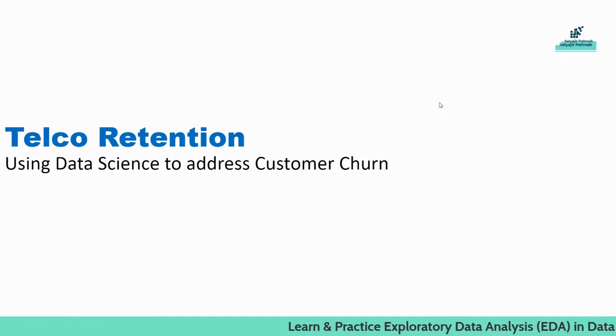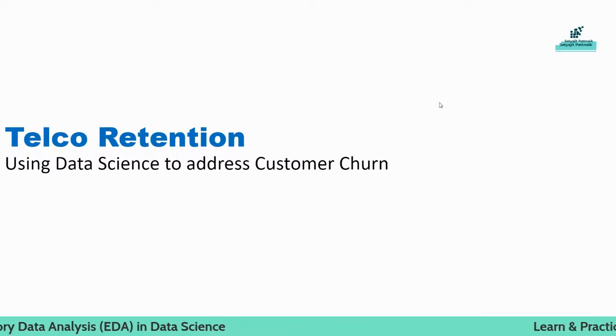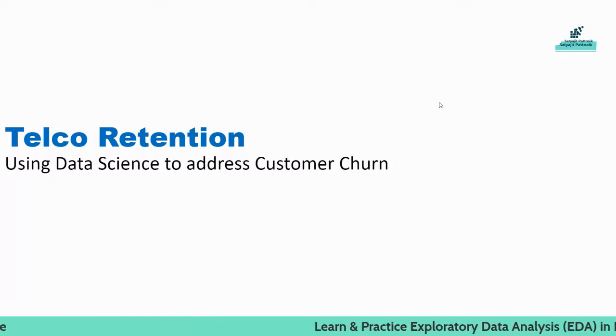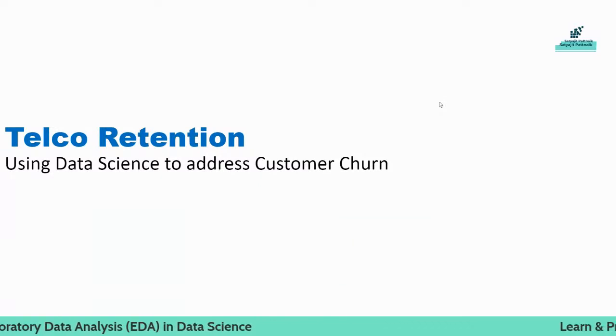Let's say I am currently using Vodafone. Probably because of multiple reasons, I might switch to Airtel or Jio, or any telecom provider. People churn because of multiple reasons. The reason could be a service impact. Let's say I am not having good service for the last couple of days or months.